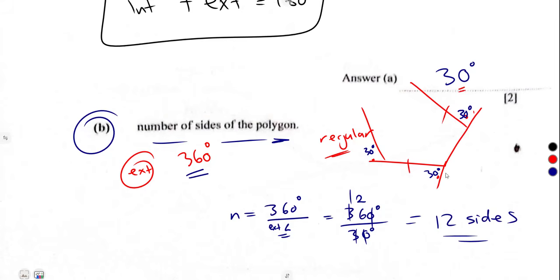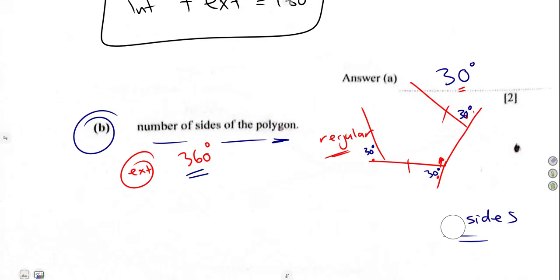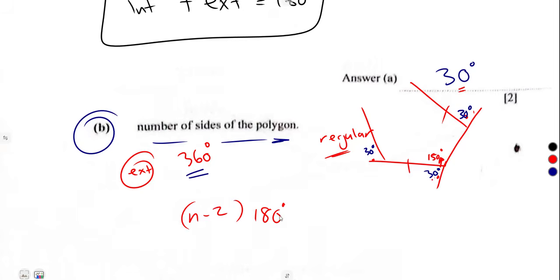You can also find the interior angle. There are so many ways, guys. There are so many ways to say this is the interior angle. 180 minus 30 is going to give us 150 degrees. Since it is a regular polygon, n minus 2 times 180 degrees is the sum of the interior angles.